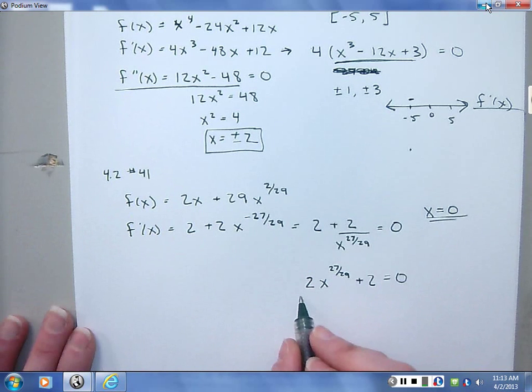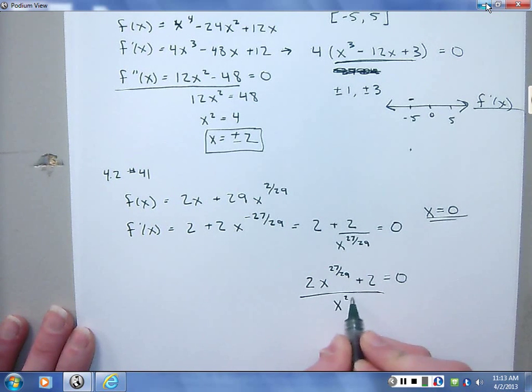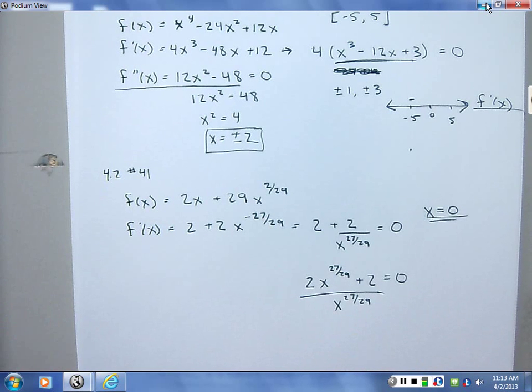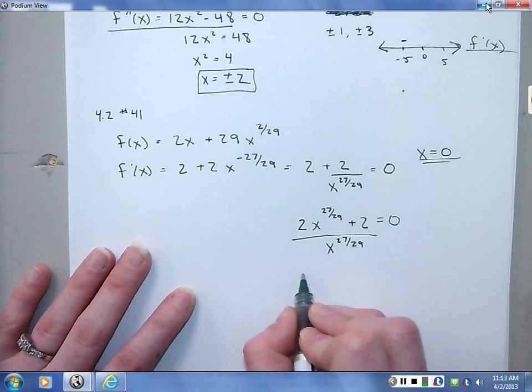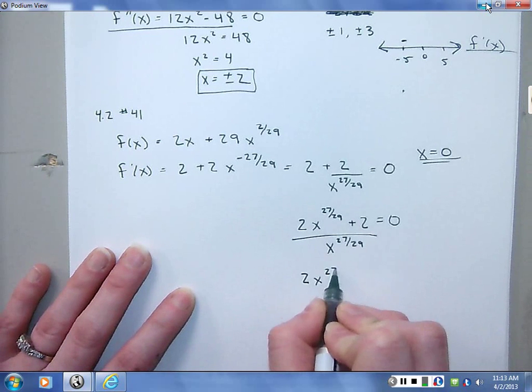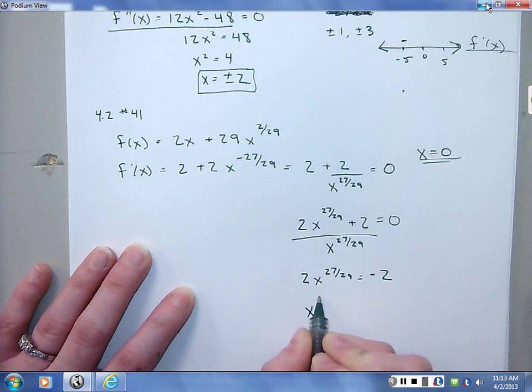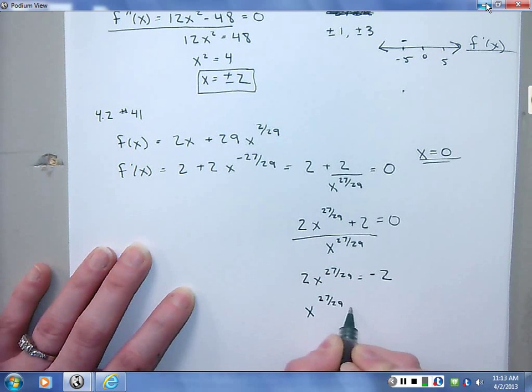Basically, that would be the common denominator, right? So I want to solve when the numerator equals 0 because the denominator can never equal 0. So I'm solving for when 2x to the 27 over 29 equals minus 2. So x to the 27 over 29 equals minus 1.